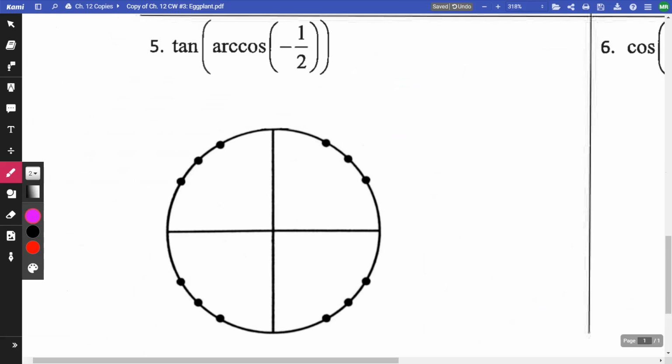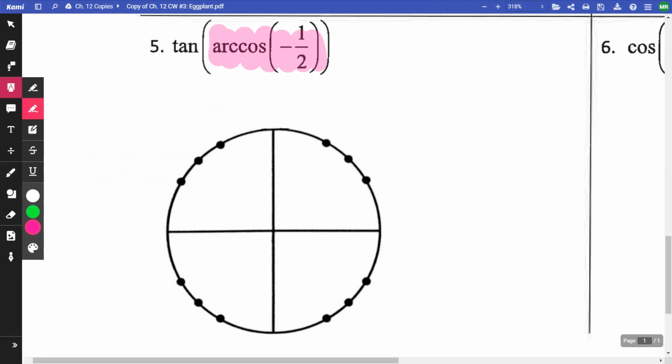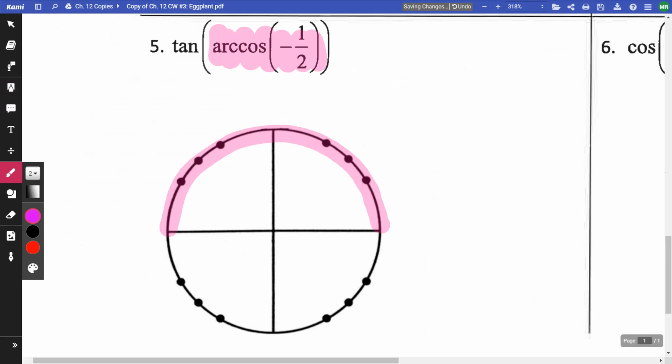On number 5, again, I'm going to start from the inside. So I'm going to do my arc cosine, which is again from here to here. And I want to figure out where my cosine is negative 1/2. And so that is going to be here, which is at 2 pi thirds. So now I can really think of this as tangent of 2 pi thirds.